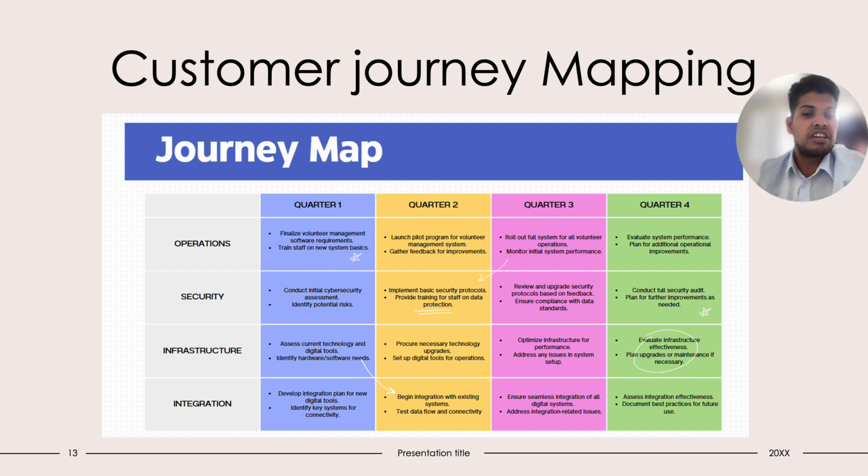At the start of the third quarter, systems and enhancements are implemented in their entirety with an added emphasis on the monitoring of performances. Last of all, quarter 4 has a primary focus on assessment as the global system is assessed for efficiency and security compliance sake are carried out while developing future enhancement strategies.